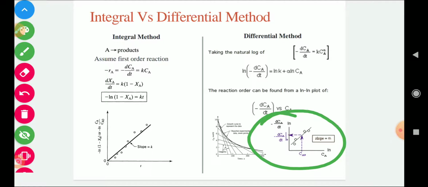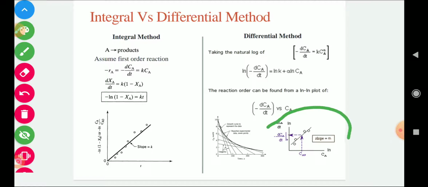And if we get a straight line, our assumed rate expression is correct. Otherwise we choose some other rate expression. So here you can see the slope of this line will give you the order of reaction. So that slope can be a fractional value also. So this method can be used for order having some fractional value.